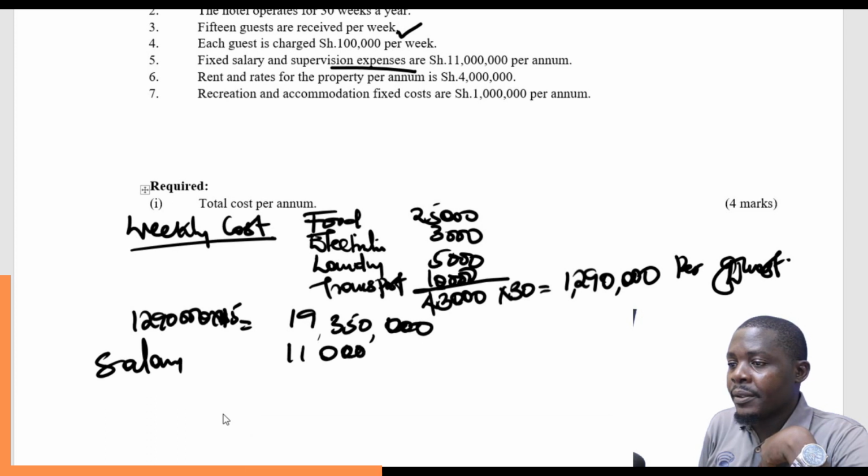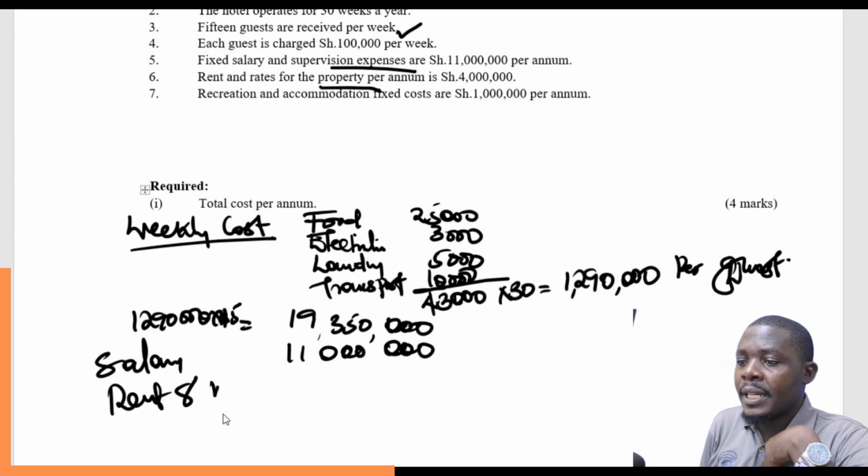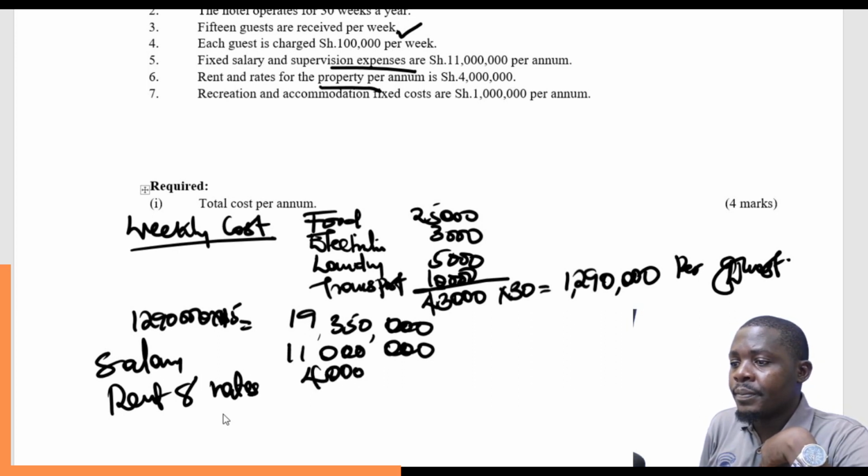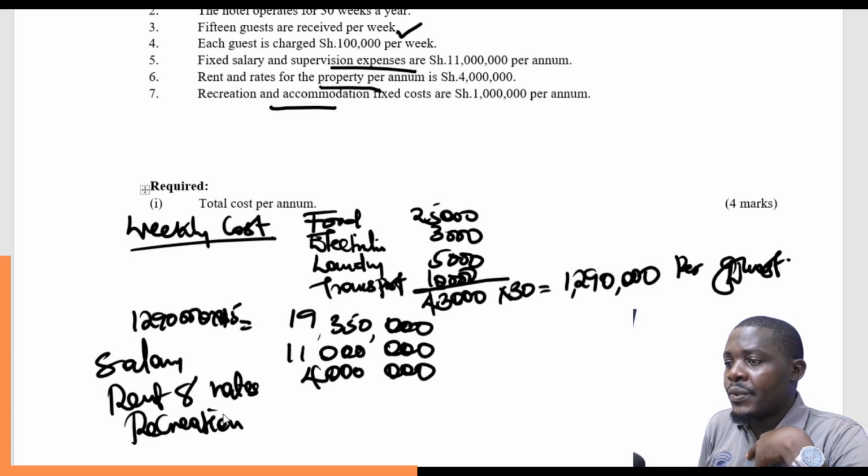Another cost is rent and rates, which was 4 million. Another cost is recreation and accommodation, a fixed cost, which was 1 million.